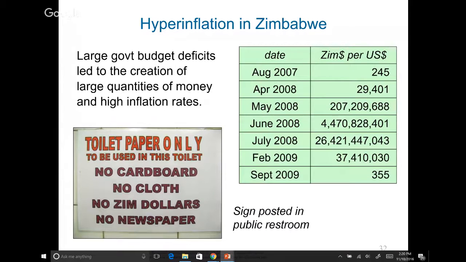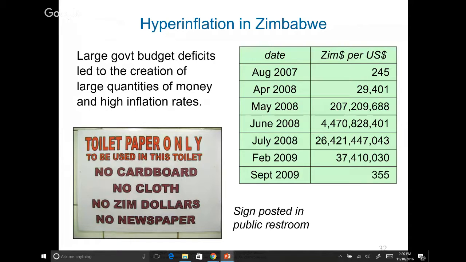In 2008, the government of Zimbabwe was having financial trouble. So they were printing a lot of money to pay off their debt and pay employees. They printed too much money, and inflation increased so fast that the money became really worthless.